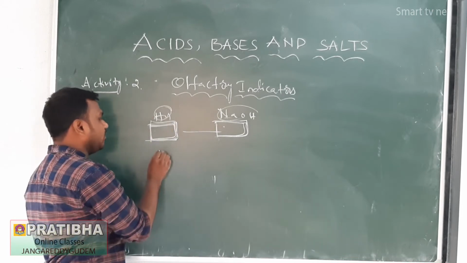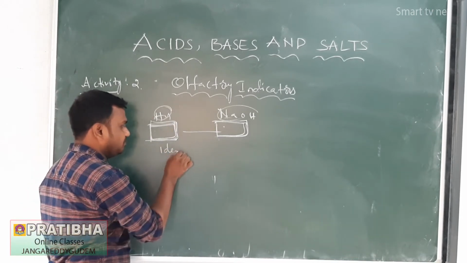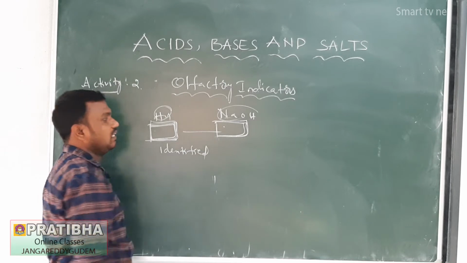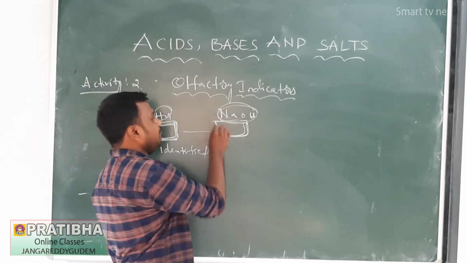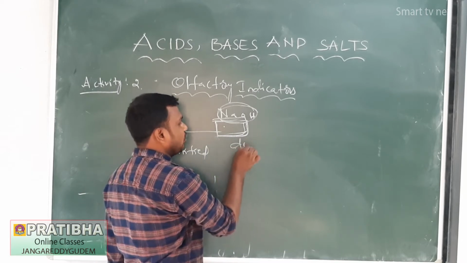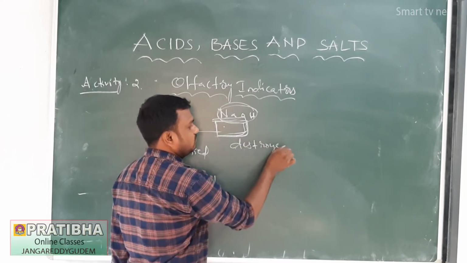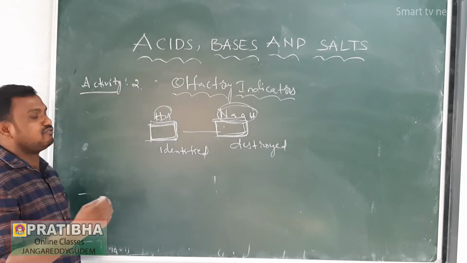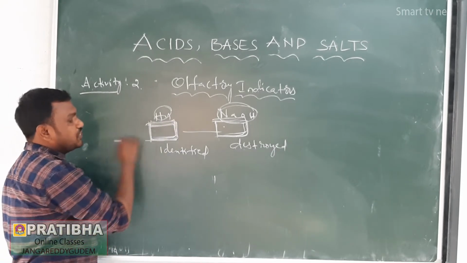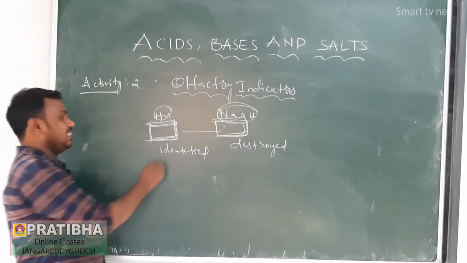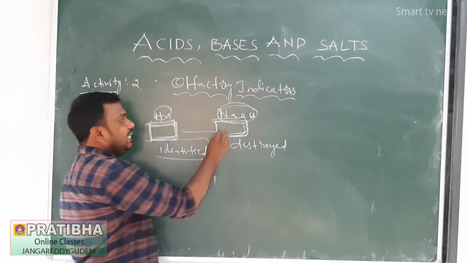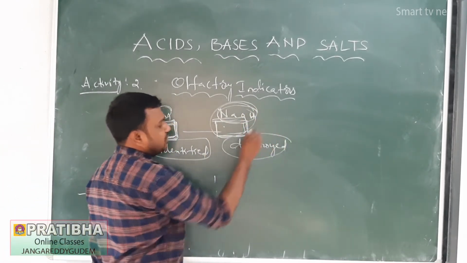In acid, the smell is retained and identified. In sodium hydroxide, the base solution, the smell is destroyed. So in acid solution the chopped onion smell is still there, and in bases the smell is destroyed.